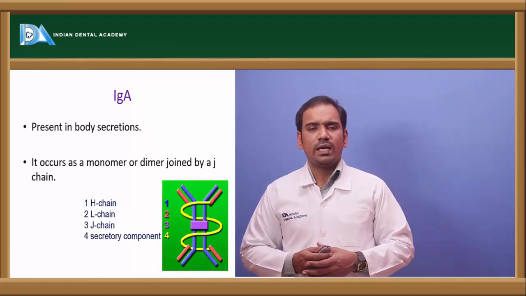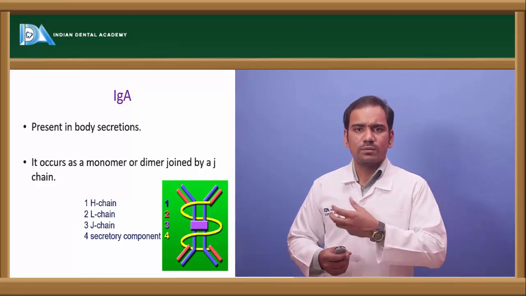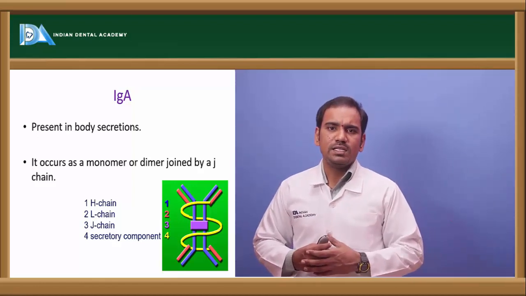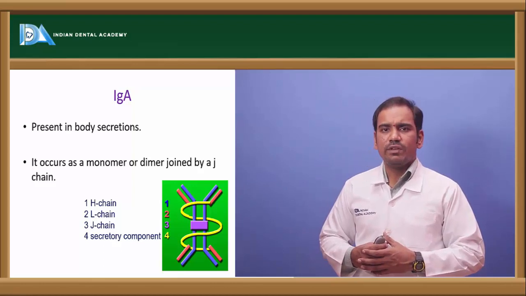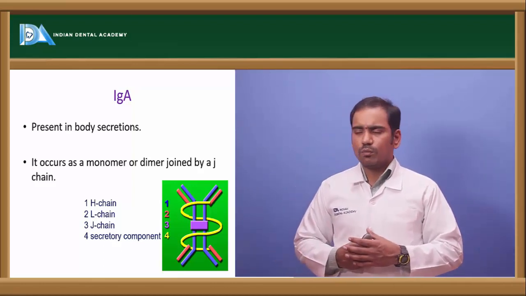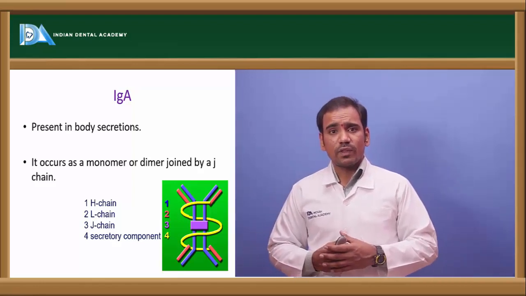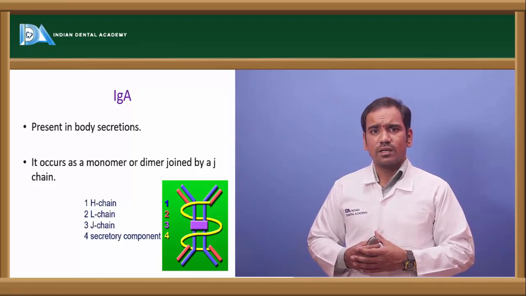Coming to IgA, it is a secretory antibody. So in body secretions, we have this type of immunoglobulin, IgA. It has a heavy chain of alpha type, so we call it IgA. And coming to body secretions like saliva, tears, gastrointestinal secretions, right?